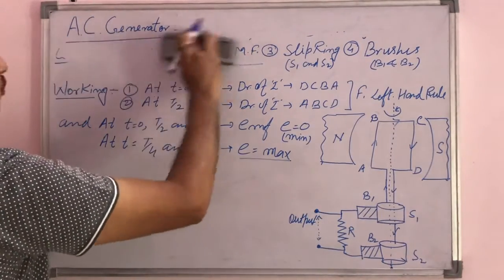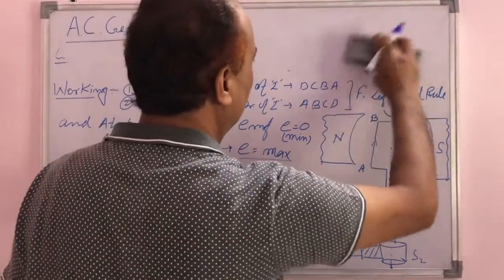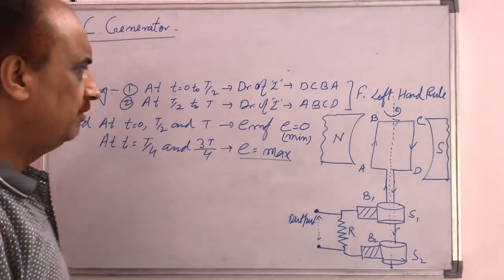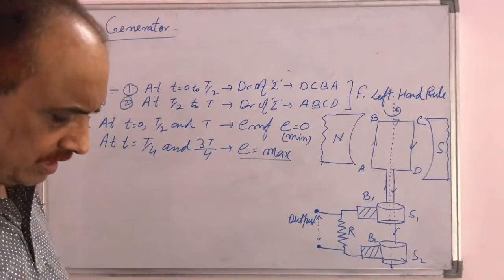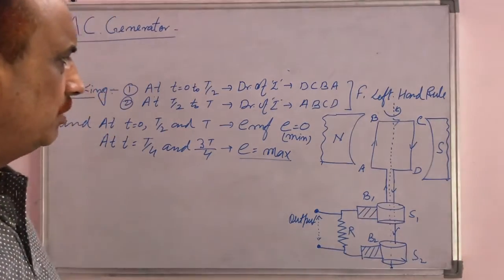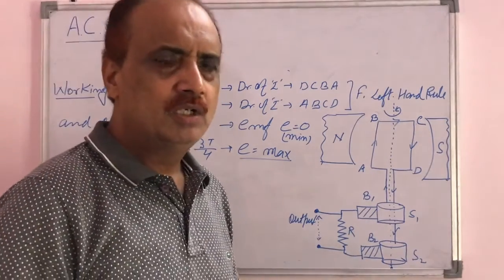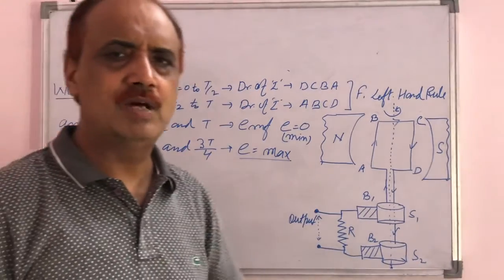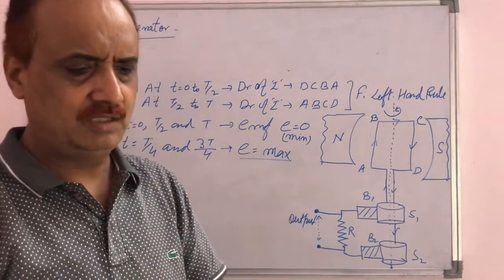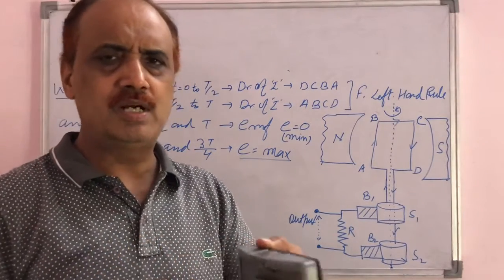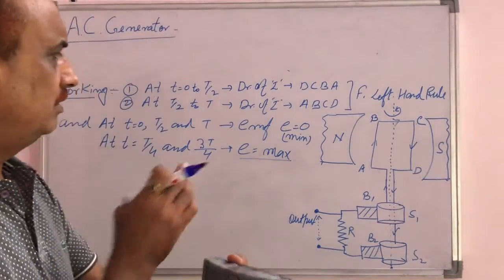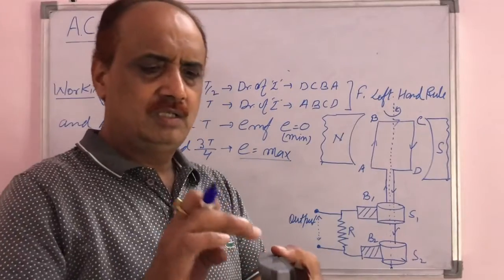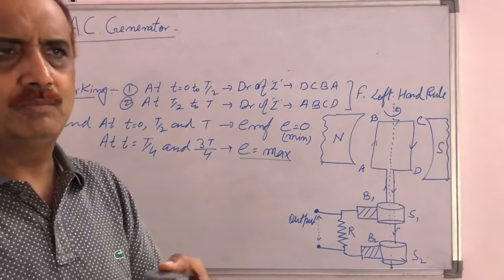Next is, what is the working of the AC generator? From the working point of view, first of all we have to see what the direction of the current will be when the induced EMF is produced in the coil. First we start from the condition when the coil is in a vertical situation, like this duster in my hand. In this vertical situation, AB is the upper arm and CD is the lower arm.